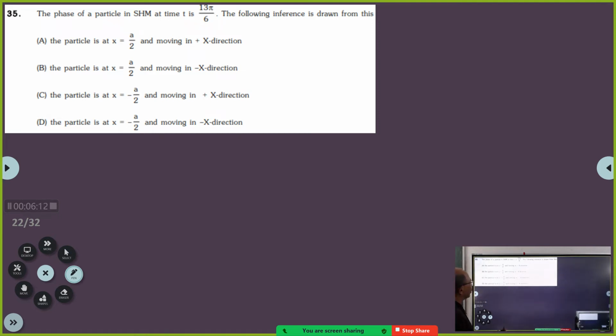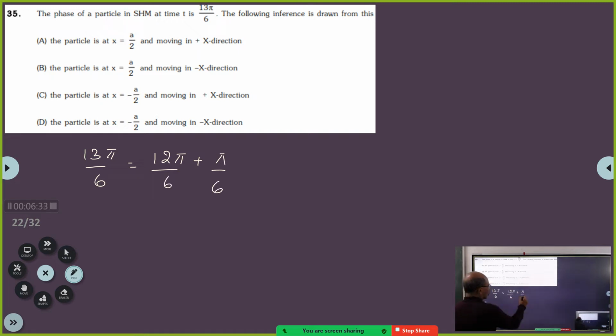Okay, now I will solve it my way, then you tell me how to do it better. So that 13 pi, I am going to write it as, so the phase of a particle, therefore 13 pi by 6, I will write it as 2 pi plus pi by 6.